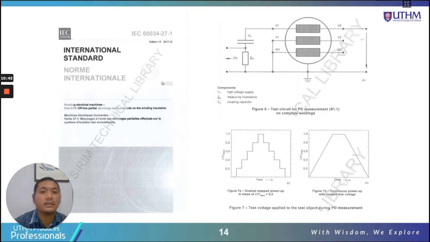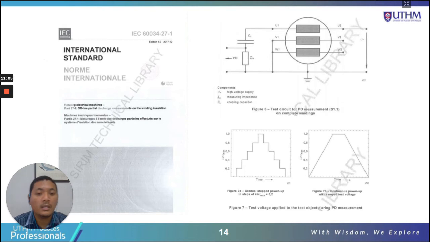Just follow the standard: which terminal needs to be grounded, which terminal needs to be connected to the coupling capacitor, to the matching impedance, to the PD measuring equipment, and which terminals should be left open, floating. Just follow the standard.